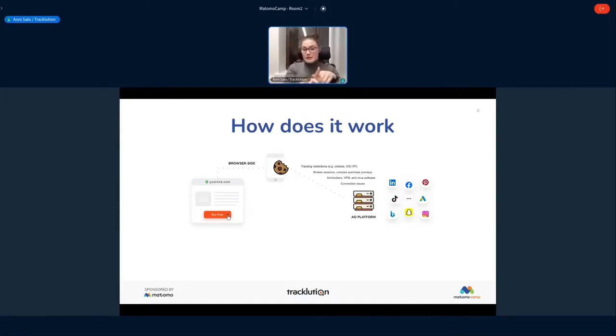For example, limited cookie lifetime, which means that we cannot recognize returning users that easily. Of course, people are using other types of tracking prevention, like ad blockers, at an increasing rate.